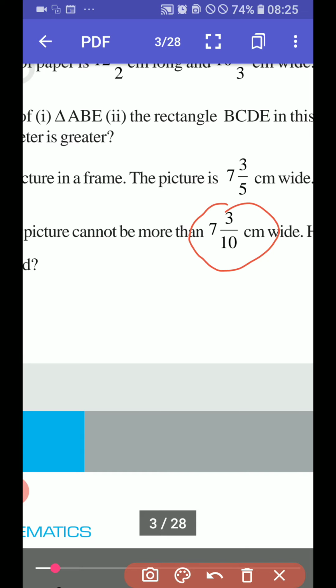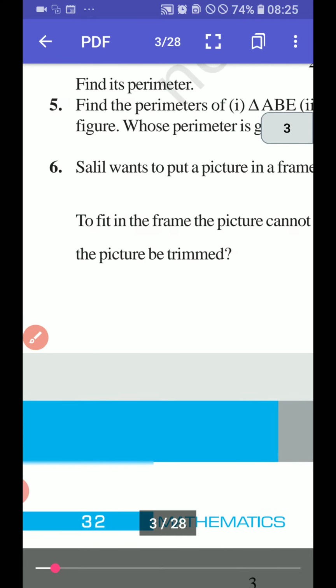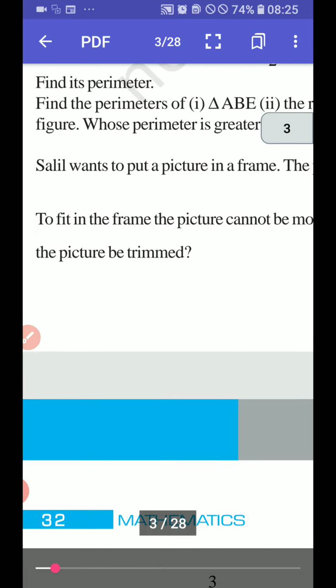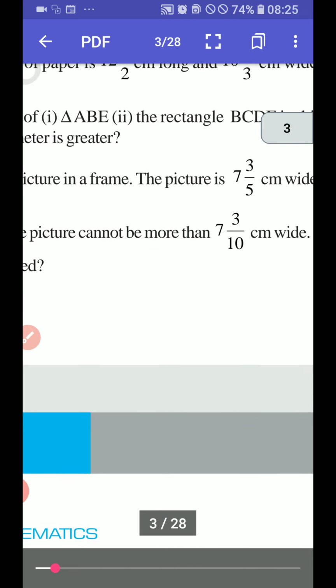So the question is, how much should the picture be trimmed, means cut down? How much will I cut the picture so that it will fit in the frame?